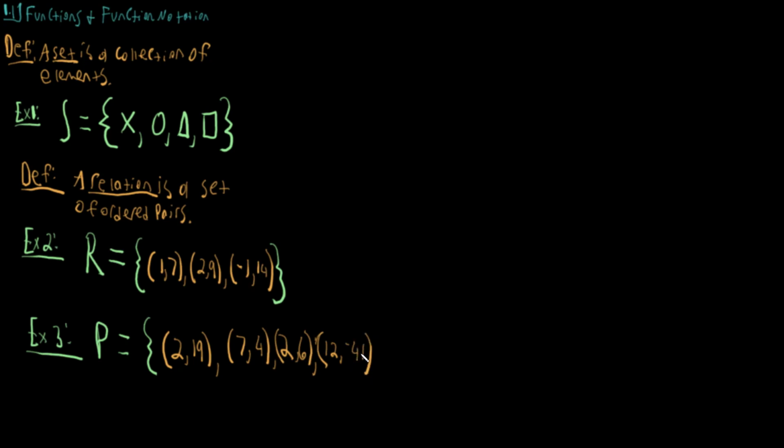Whatever, I'm just making these numbers up. So we're going to end this, and now we've got P. R was this set of ordered pairs, that was a relation. P is this set of ordered pairs, which is also a relation. You'll notice this has 3, this has 4.